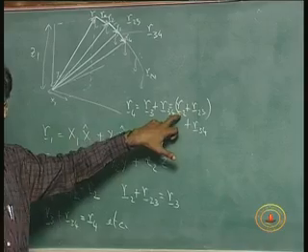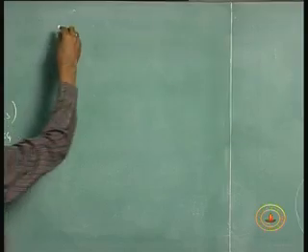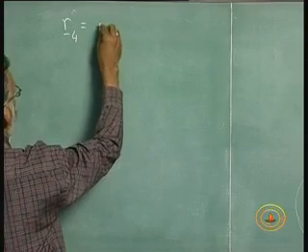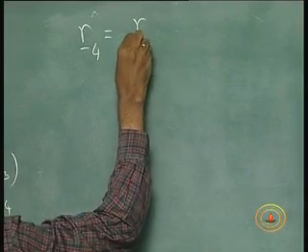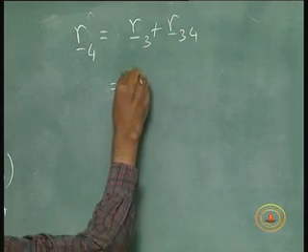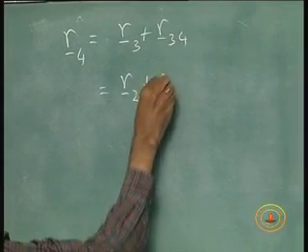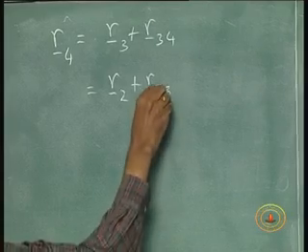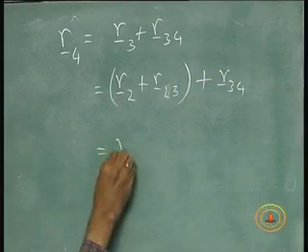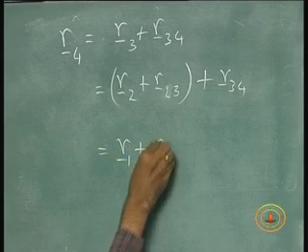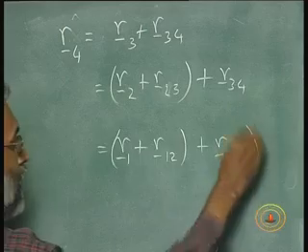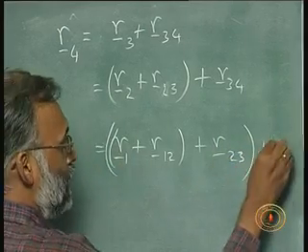But I can substitute for R2. So when I do that, I get R4 is equal to R3 plus R34, R2 plus R23 plus R34, R1 plus R12 plus R23 plus R34.